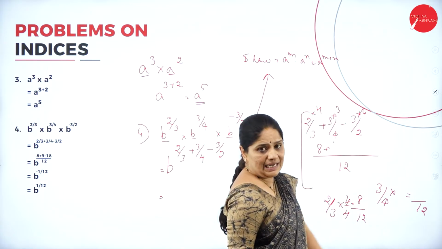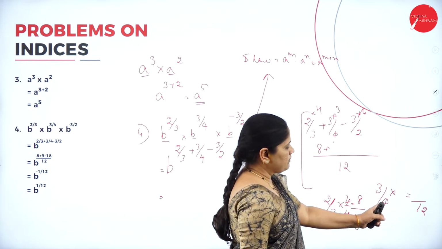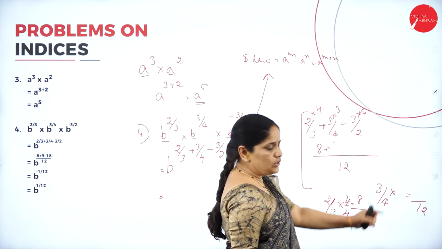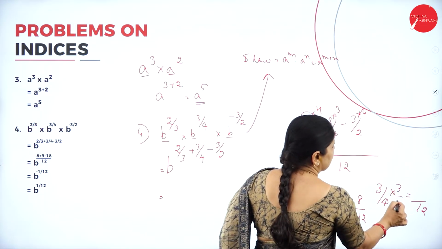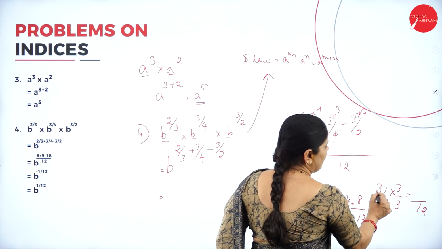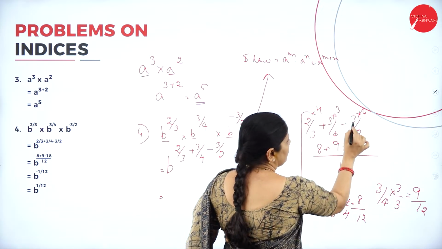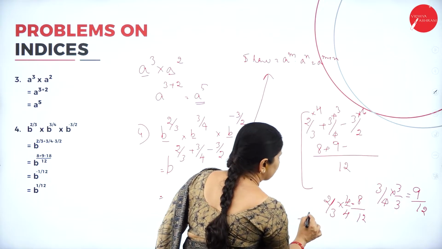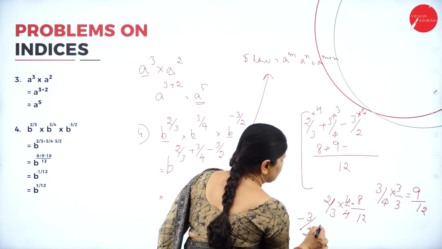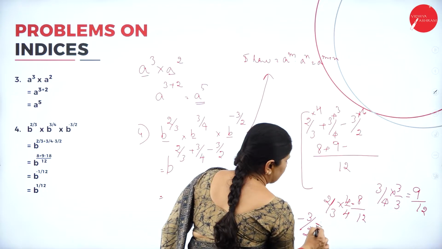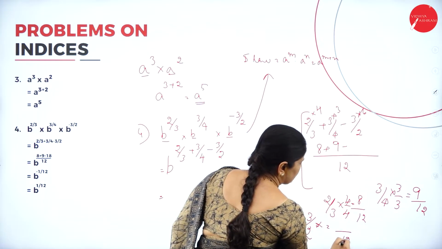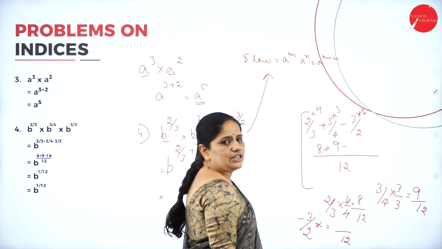Now, I need 12 in the denominator. So, what should I multiply by 4? 4 into 3. So, it will be 3 by 3. 4 3s are 12, 3 3s are 9. So, 8 plus 9 minus, you see the last fraction, minus 3 by 2 is there. So, I'll write into dash equals 12. Now, I want 12 in the denominator.